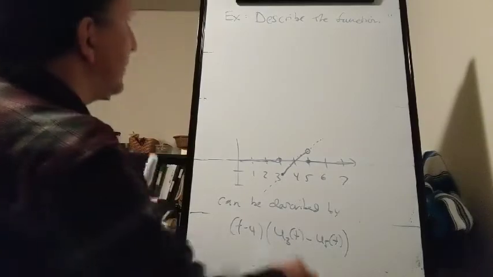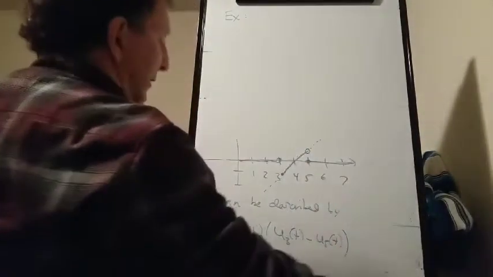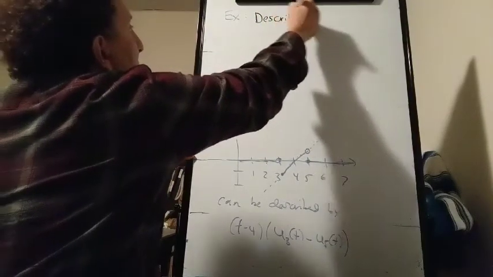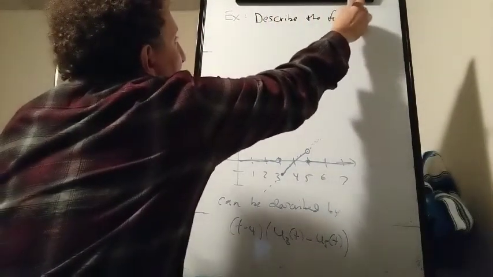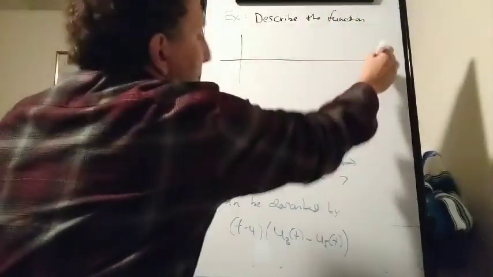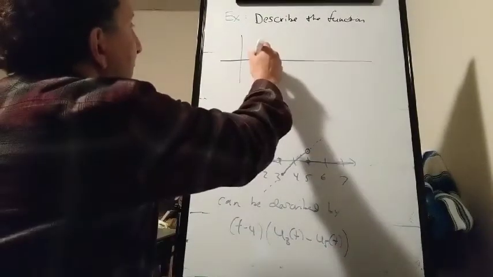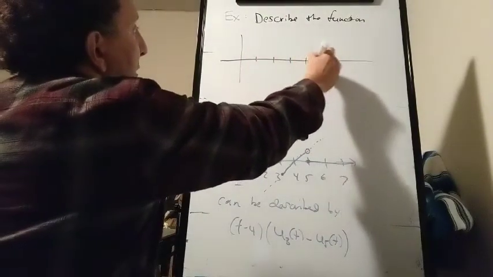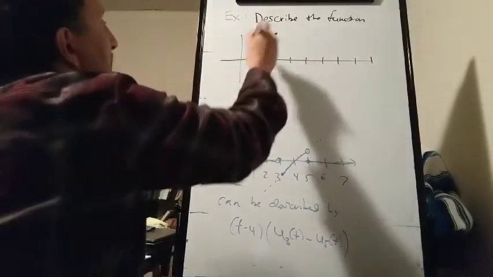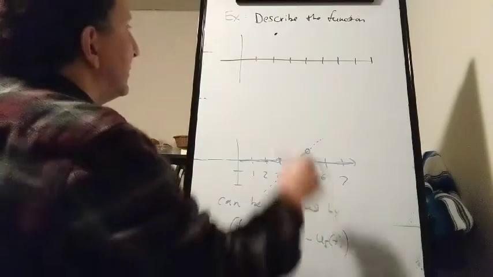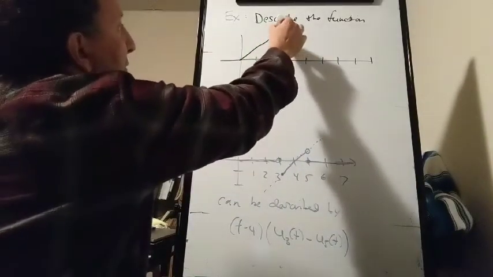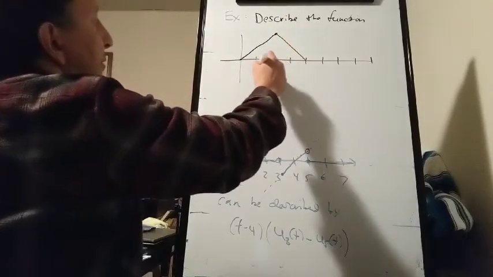So for example, let's describe the function where I want to go from 0, 0 to 2, 2, and then from 2, 2 down to 4, 0.